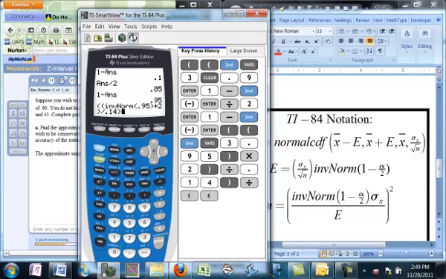Now what I need to do is square it. Check my parentheses. Yes, that's what we want, and this will give us n.